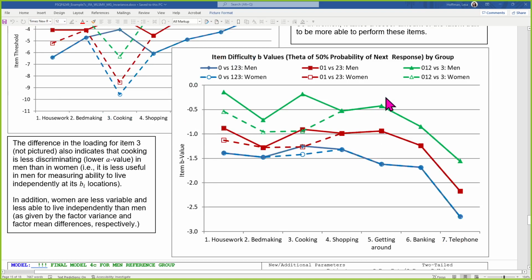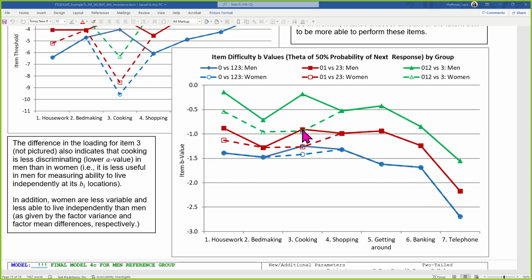So after controlling for trait differences, these are how different the B's would be. So now the y-axis on this picture is the difficulty value, which is the amount of theta needed to transition with 50% probability into the next category.